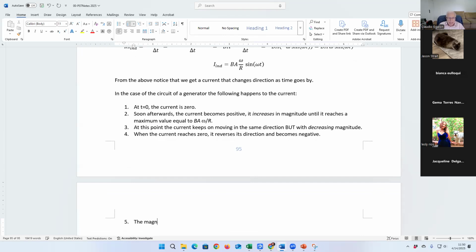The magnitude of the negative current increases until it reaches its maximum value, like before, maximum value BA omega over R.